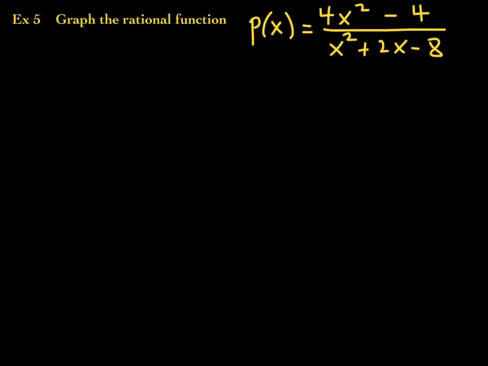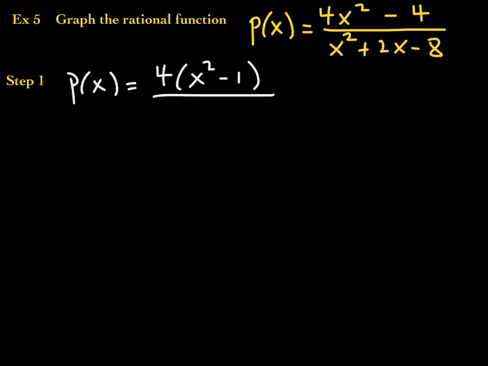All right, everybody, here's a brand new function for us named P. Let's go for step number 1, which is factor. Now, the numerator can be factored by taking out a 4, leaving you with a difference of 2 squares, and the denominator factors as x plus 4 times x minus 2.